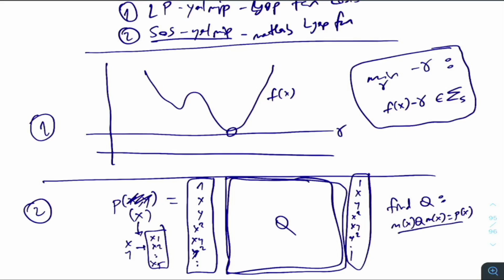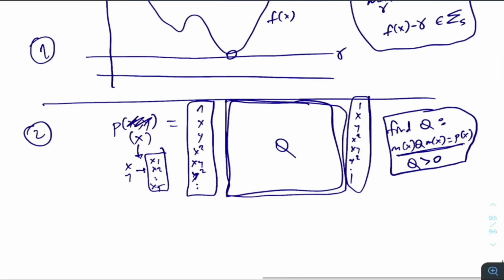Find Q such that this constraint is satisfied, where P of x is positive and Q is positive. This is another problem I really want to make a video about.